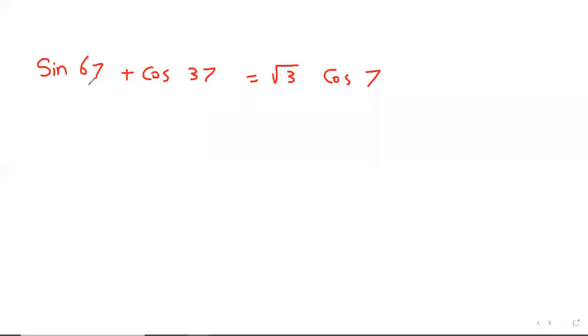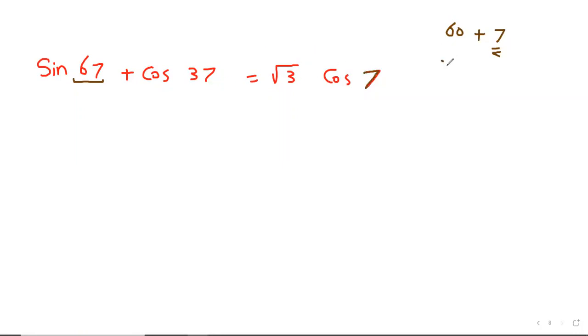Prove that sine 67 plus cosine 37 is equal to root 3 cosine 7. If you focus on this angle, 67, we can write it as 60 plus 7, and you will find 7 here in the proof.